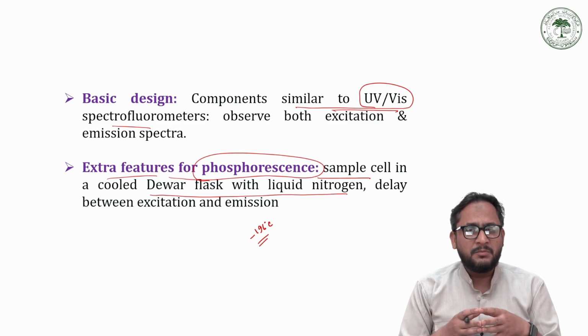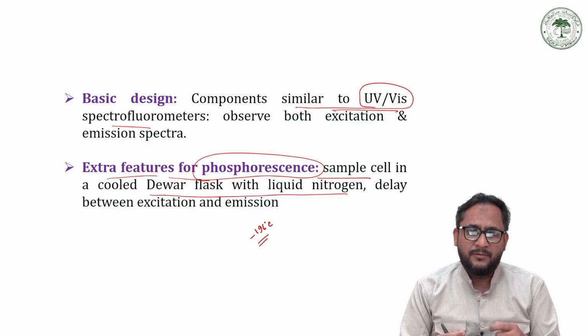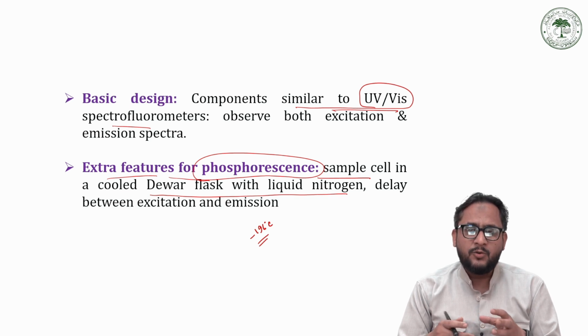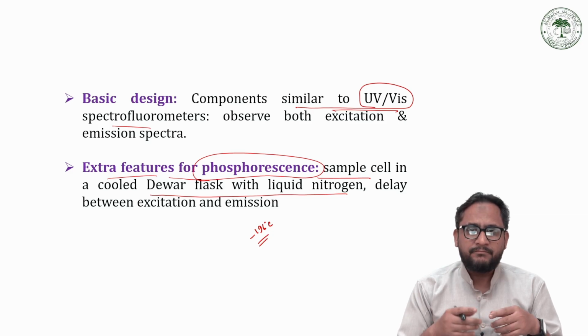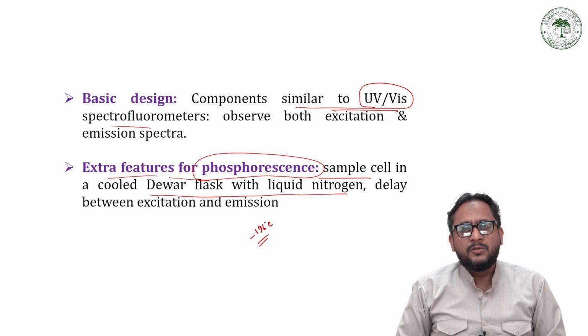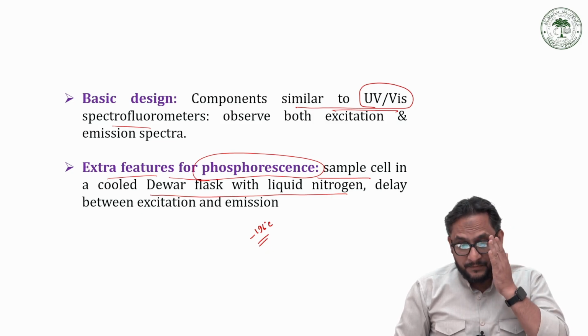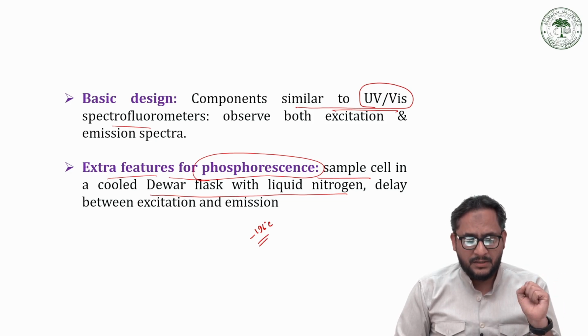That much flow rate can be maintained only by using liquid argon, and liquid argon is stored in the Dewar flask, which has two outer linings made of steel and a vacuum which avoids heat transfer due to convection and conduction, while a coating of silver avoids radiant heat and reflects any heat from outside coming into the flask. So in ICP we use this Dewar flask for argon storage in liquid form.